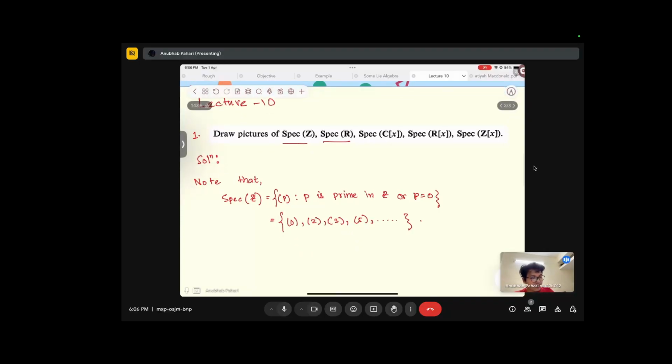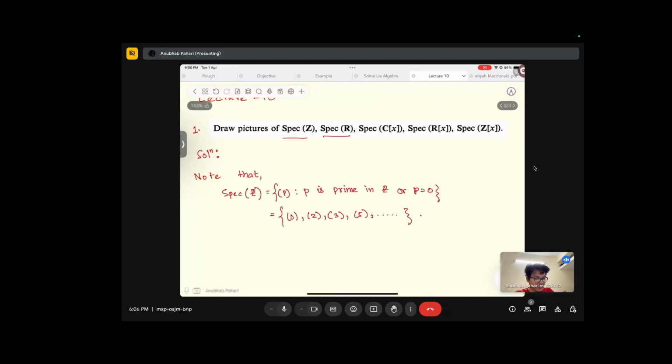Now you all know that R is a field, right? Real number is a field, and a field has only trivial maximal ideal. That means it has only trivial ideal, that is the zero ideal.